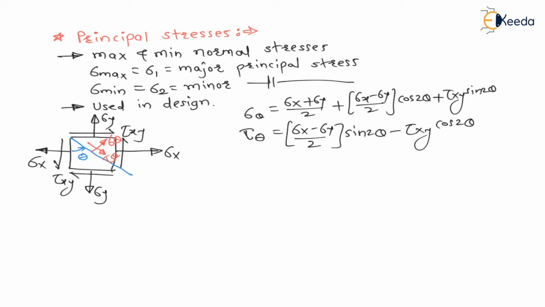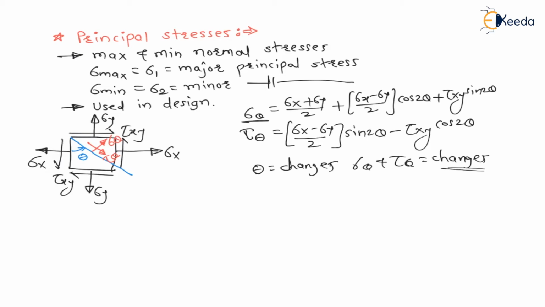Now, as angle theta changes, the value of sigma theta and tau theta also changes. Can you imagine, both will change, right?